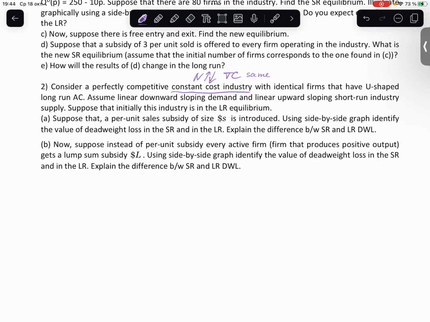With identical firms that have U-shaped long-run average costs. Assume linear downward sloping demand and linear upward sloping short-run industry supply.